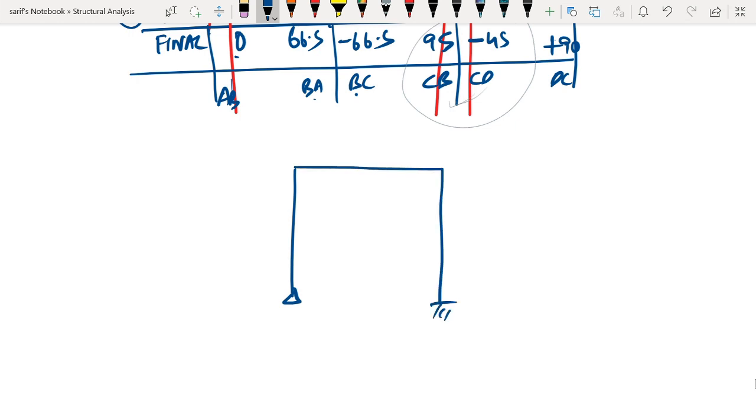so if we try to draw the bending moment diagram, we have a 0 here and it is 66.5 here, and let us say this is 66.5. It increased to 95 and here it is only 45 and at this point it increases to 90. So if we try to draw the diagram, it would be something like this.